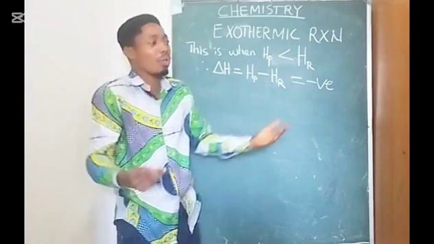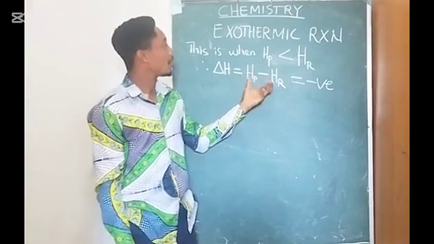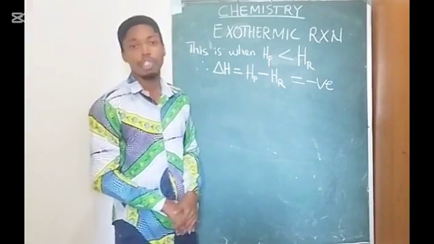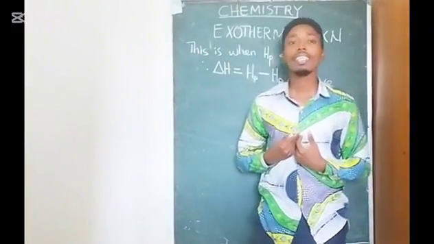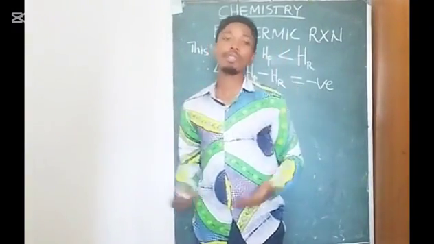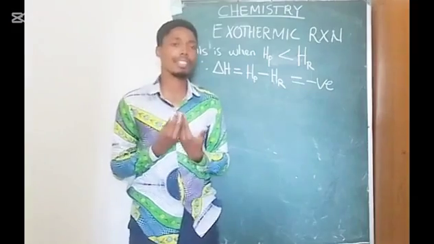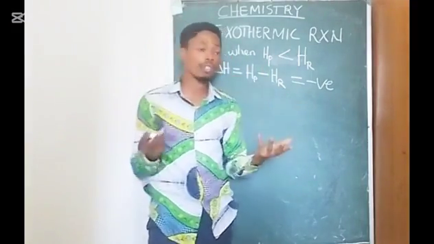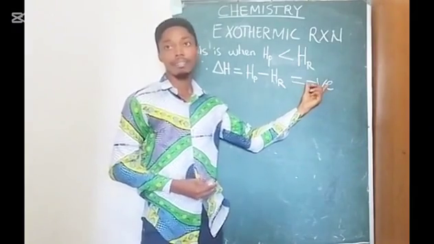All right. So this is one of the conditions that satisfies an exothermic reaction. So you can define an exothermic reaction as a reaction in which heat is evolved to the surroundings. And when the heat is evolved to the surroundings, it means that the enthalpy change is negative.